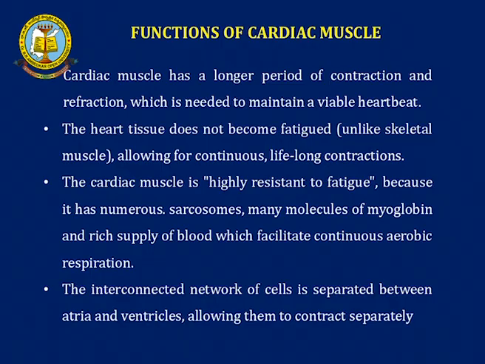The cardiac muscle is highly resistant to fatigue. How can it maintain continuous strength? It possesses a number of mitochondria. As we all know, mitochondria are the powerhouses of the cell. They help in the production of ATP. Here the mitochondria are called sarcosomes.